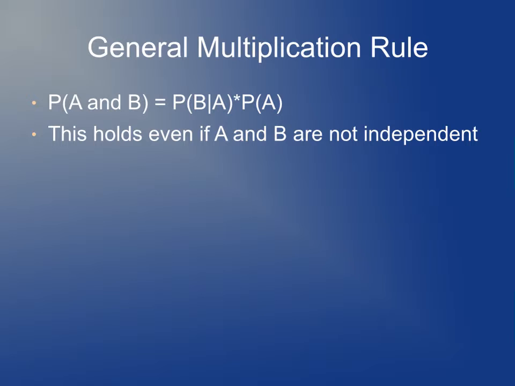So that brings us to what's known as the general multiplication rule: if you want to find the probability of A and B, even if A and B are not independent, you can calculate that as the probability of B given A times the probability of A. Oftentimes, the probability of B given A is easier to calculate than the probability of A and B.